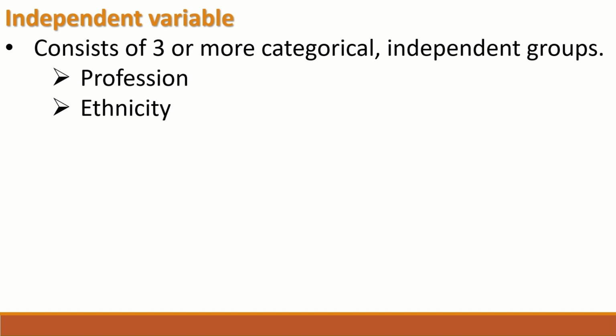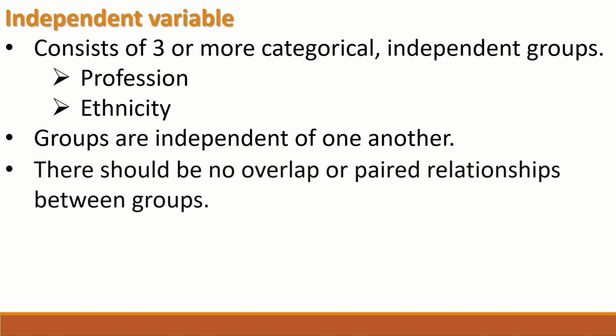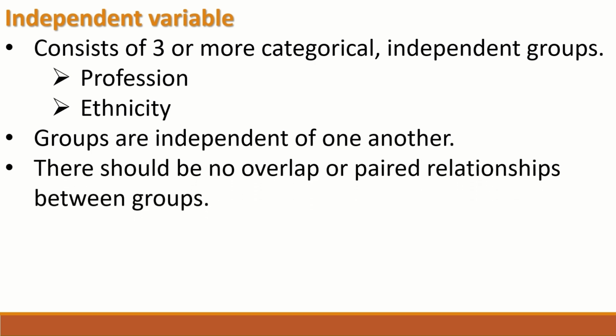Ethnicity, in which there are white people, black people, Asian, and others. Groups are independent of one another. There should be no overlap or paired relationship between those groups, so they are unpaired groups.